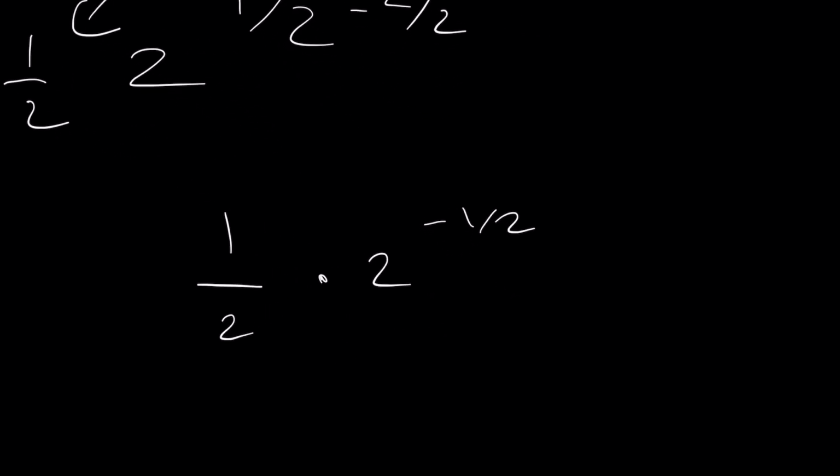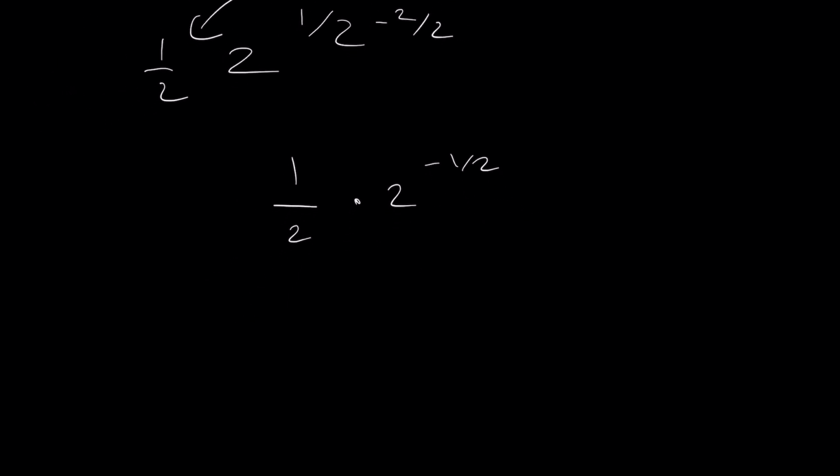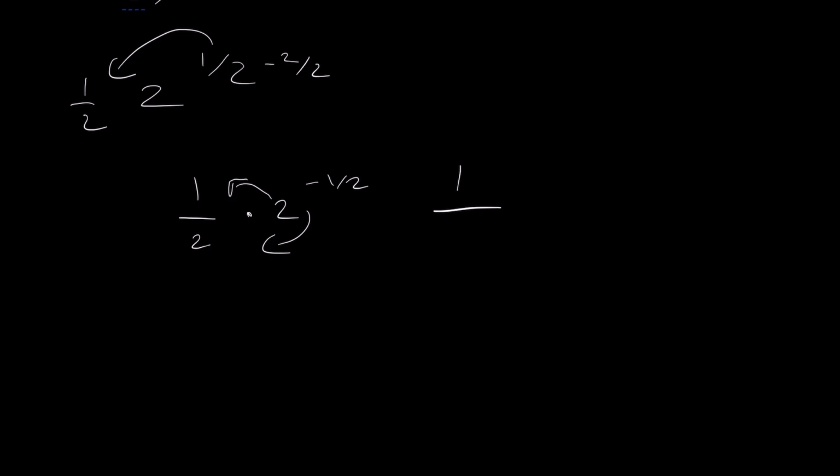Whenever there's a negative exponent, as you should know, we have to bring it to the denominator. So now this term right here, which was supposed to go to the numerator, now goes to the denominator. And now we have 1 over 2 times z raised to the 1/2 power.